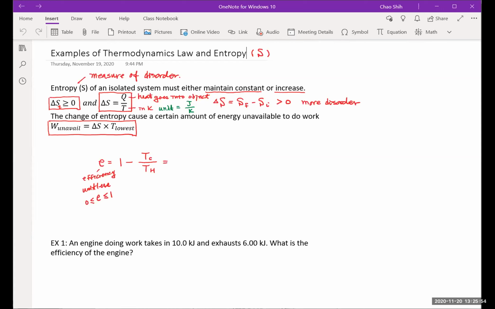So that actually tells you how much work you can get out of the heat that goes into the system. So this is the heat to the system, and you get a part of the heat to actually perform the work. And that's how we define the efficiency.